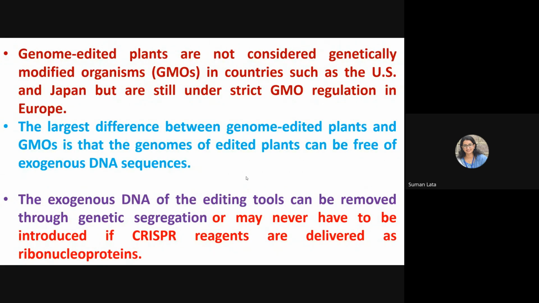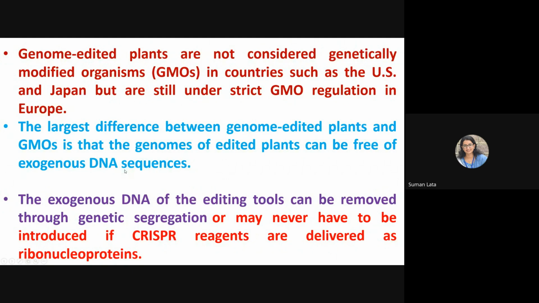So the difference between the genome edited plants and GMOs is that the genome of the edited plants can be free of the exogenous DNA sequences. So we can eliminate the sequences from the genome edited plants, and the mutation created is as good as the mutation created by any other method, like X-ray mediated method or any other method.